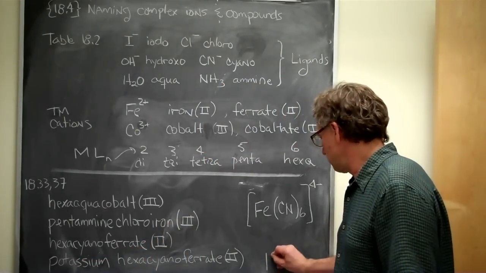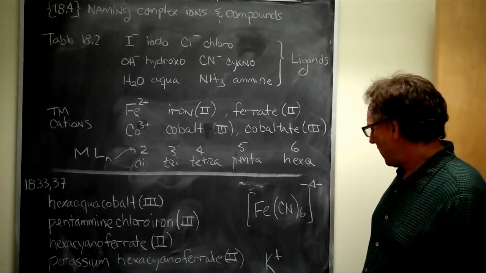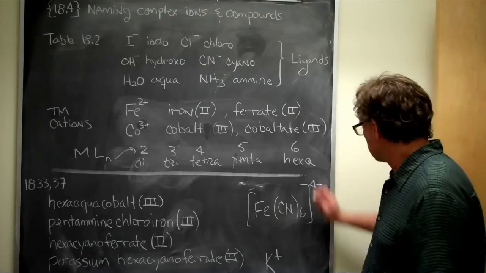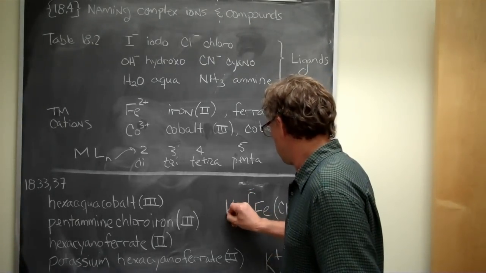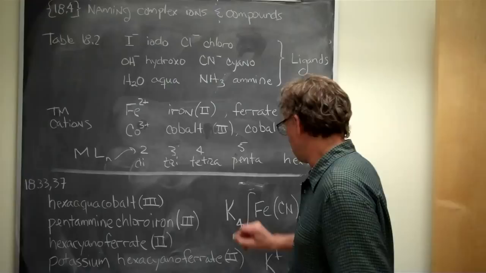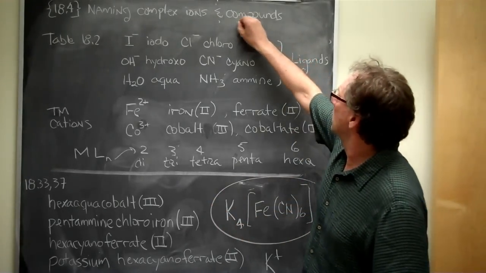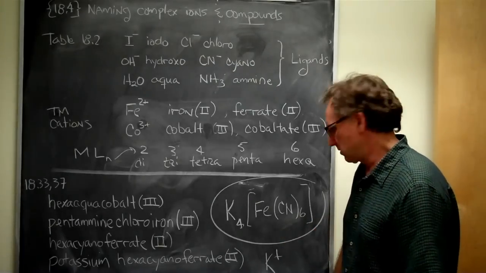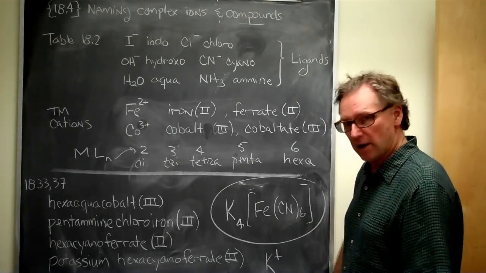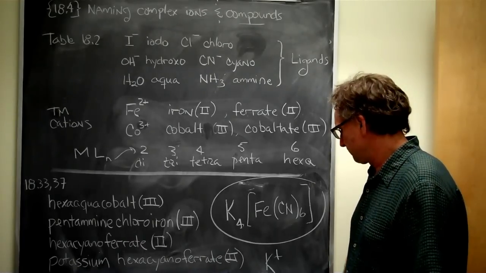I know that potassium likes to make a single plus ion. If I want to have enough potassiums to balance out that 4-, then I need to have 4 potassiums, so that's written like this. So what I've written here now is the name of the compound that contains the hexacyanoferrate II ion, and is the potassium salt of that. Okay.